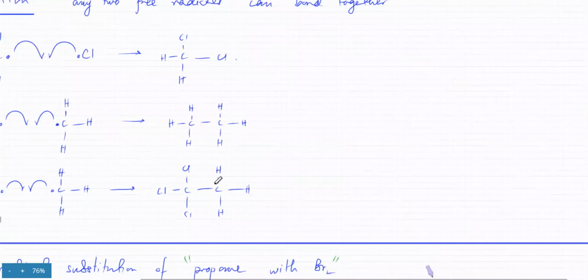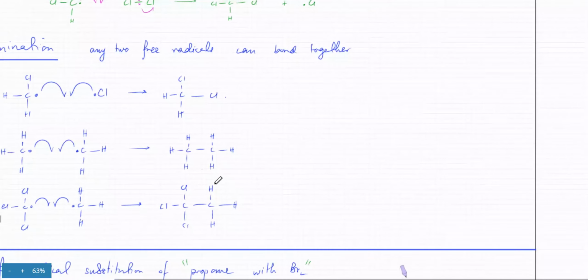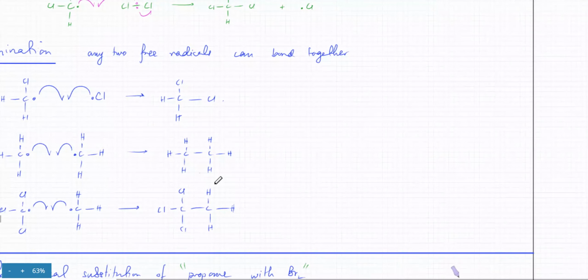to form a molecule. Now, a few things to remember about this. One of them is hydrogen gas is never formed. So, small points. Hydrogen gas is never formed since no H radical is formed.